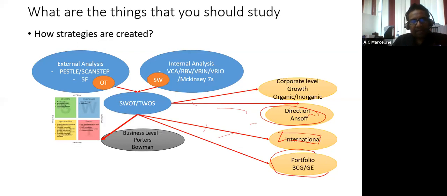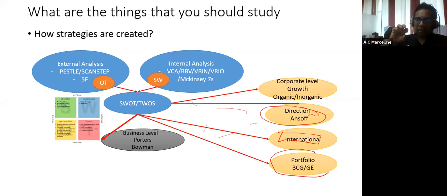Then we get into the business level strategies. If you look at the corporate level strategies, the corporate level makes decisions on how we are going to grow, whether we will acquire somebody, whether we will grow by ourselves. Those decisions are made at the corporate level.